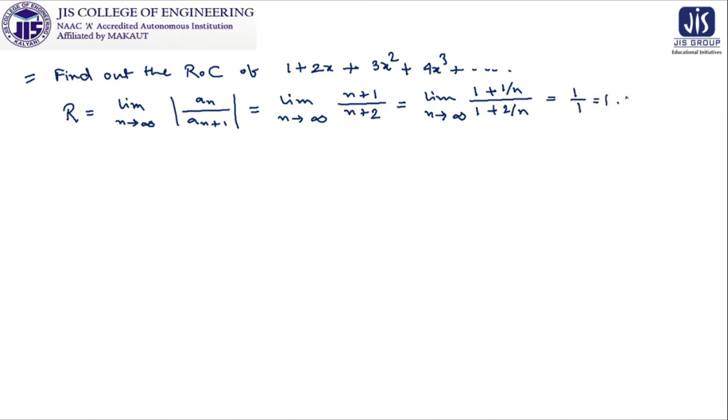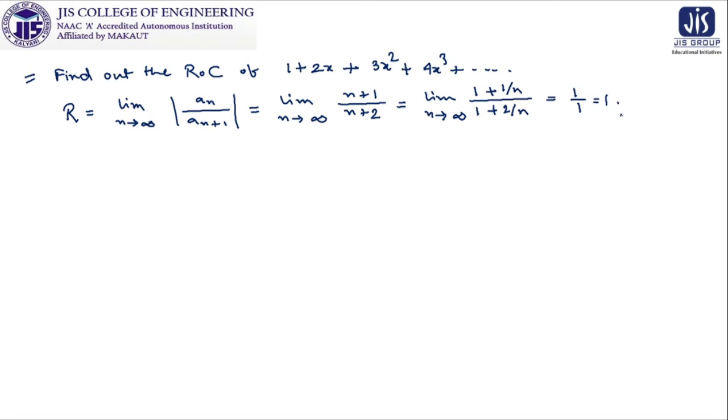So the radius of convergence for this given series is 1. That means if you take mod x less than R, that is, values whose modulus is less than 1, for all those points this power series will be convergent.